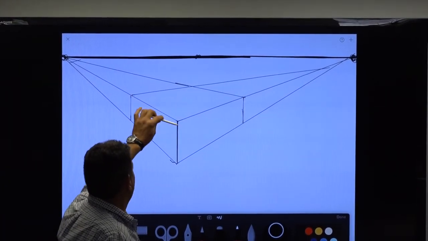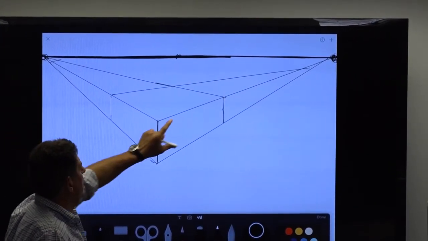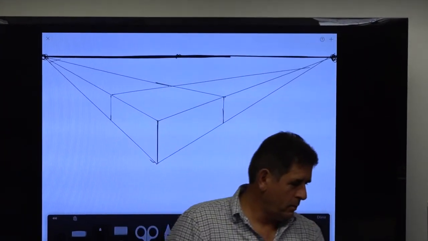Here, I kind of stopped the line, but I drew my perspective lines from here that way and that one going that way. Okay?